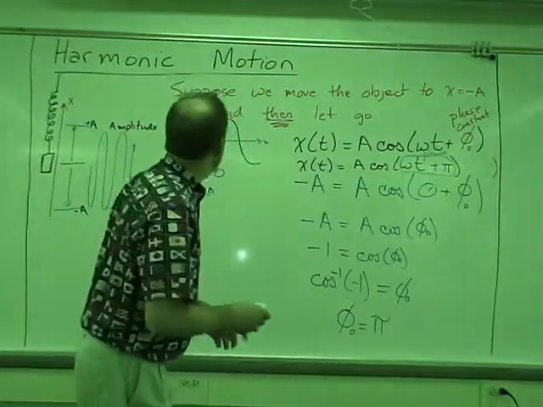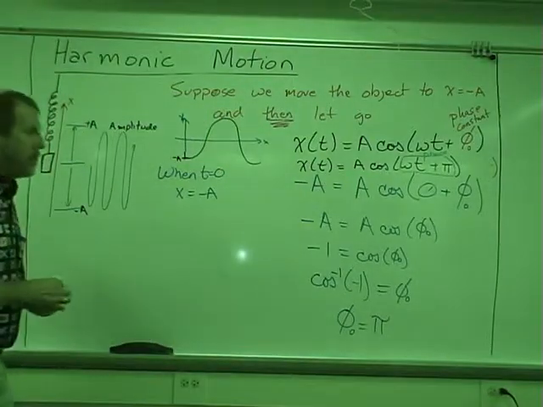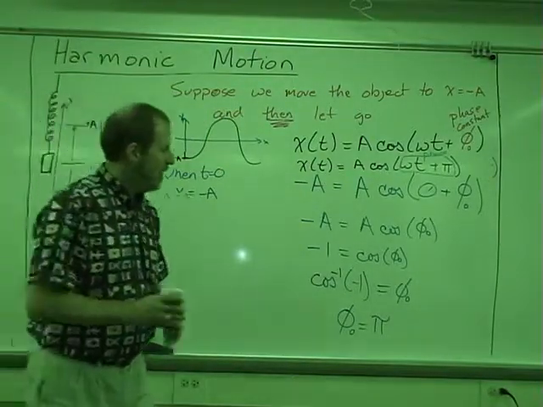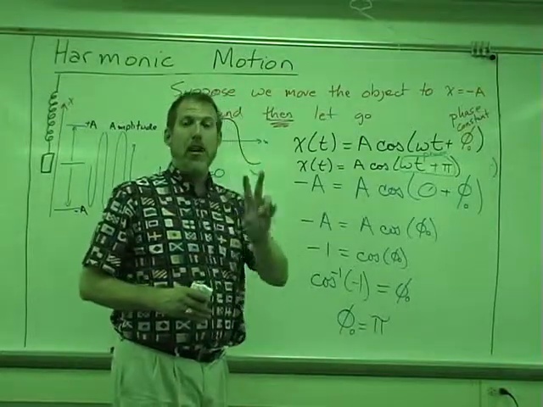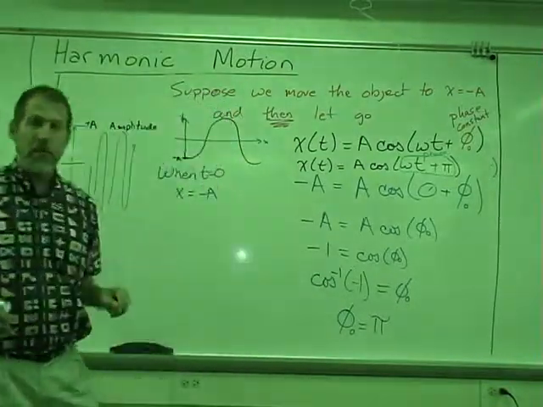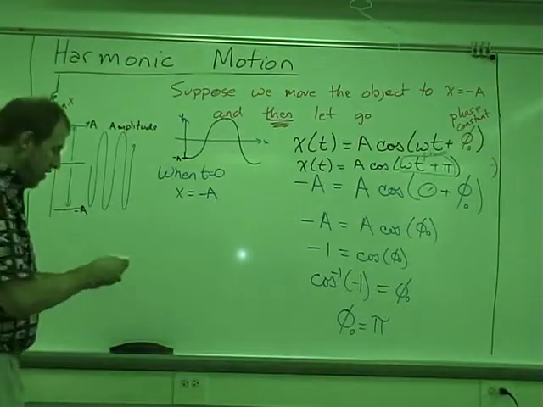In a lot of cases, you might keep in mind that the arc cosine of a particular number gives you two possible results. You'll have to use reason to work out which one it is.